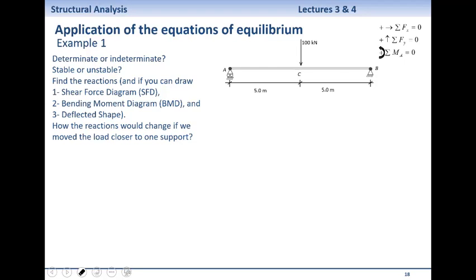So, what I'm going to do now is to attempt to draw the shear force bending moment diagrams. Okay, so far we know that we've got a 50 kilonewton there and another one here.